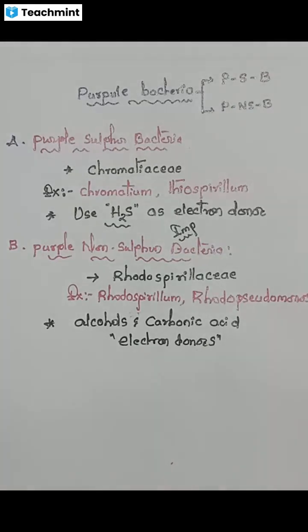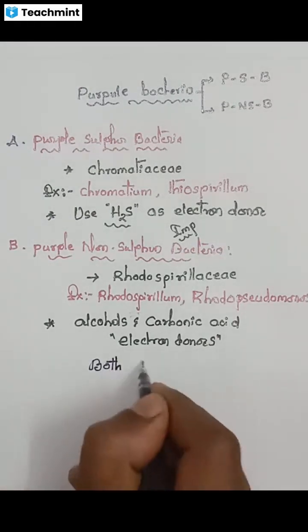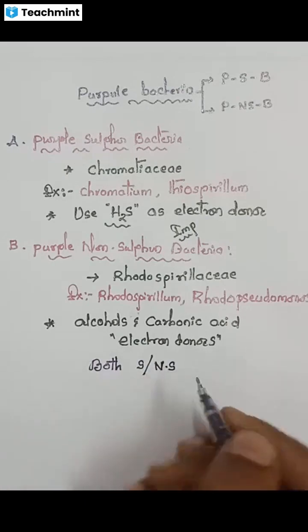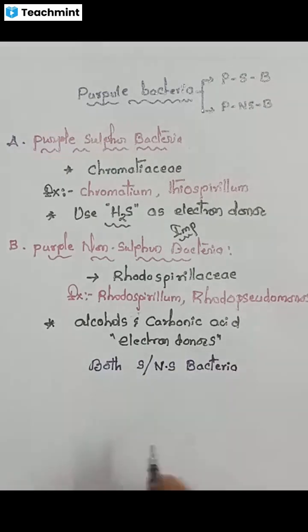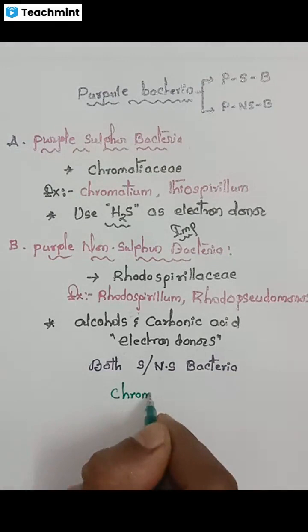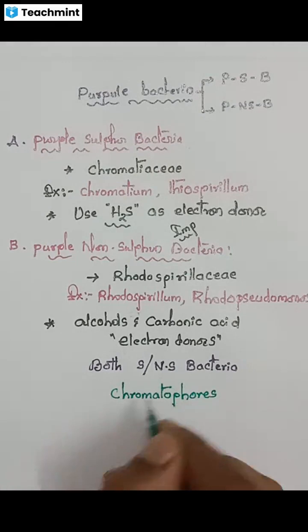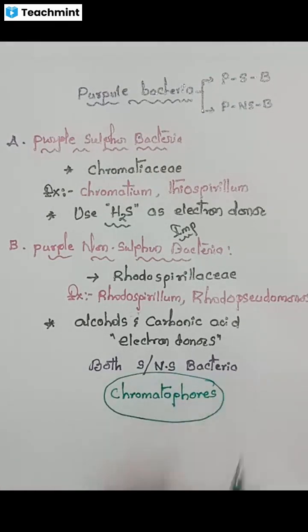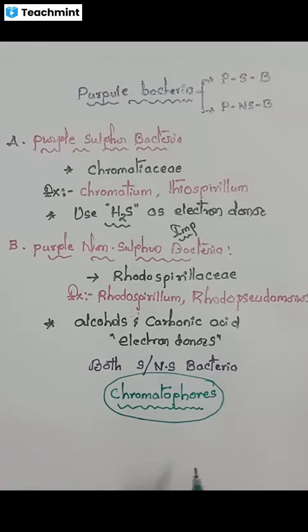So clear. In both sulfur and non-sulfur bacteria, chromatophores are the photosynthetic organelles. So the photosynthetic apparatus in purple bacteria is chromatophores.